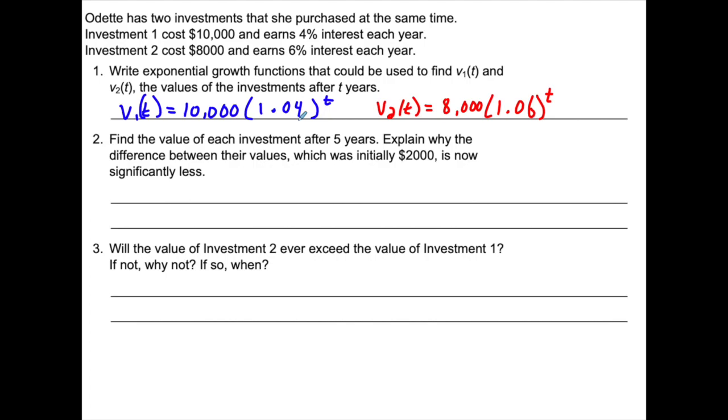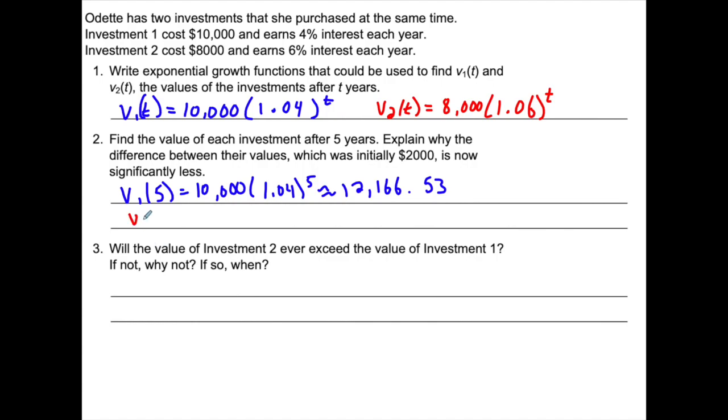So now, here's what we're going to do. To get after 5 years, let's start with the first function. So v1 of 5 equals 10,000 times 1.04 to the 5. I'm going to do that on my handy dandy graphing calc. When I do that, I get about 12,166 and 53 cents.